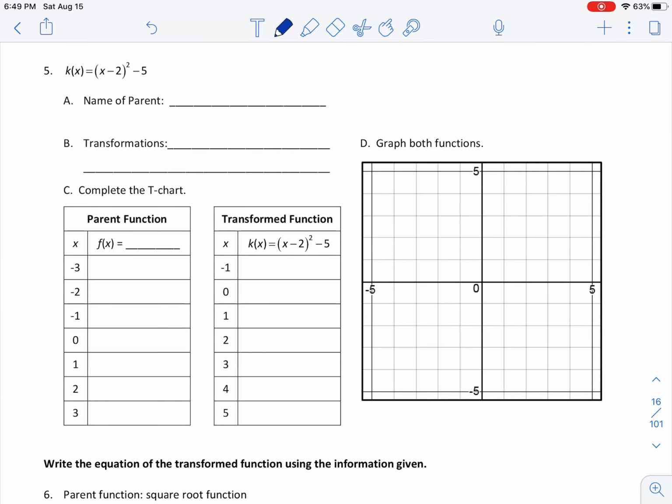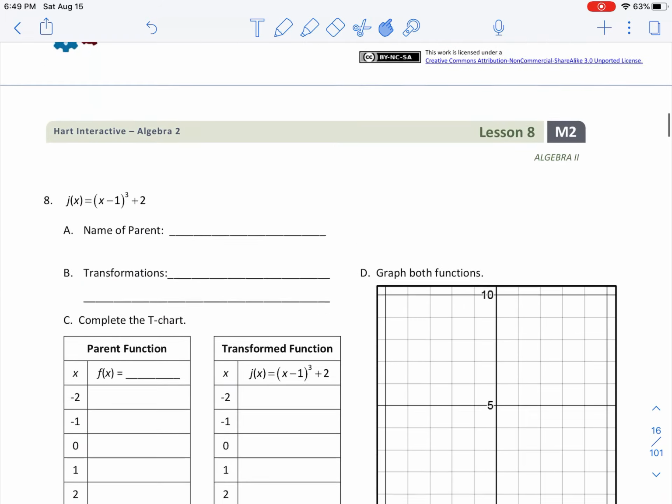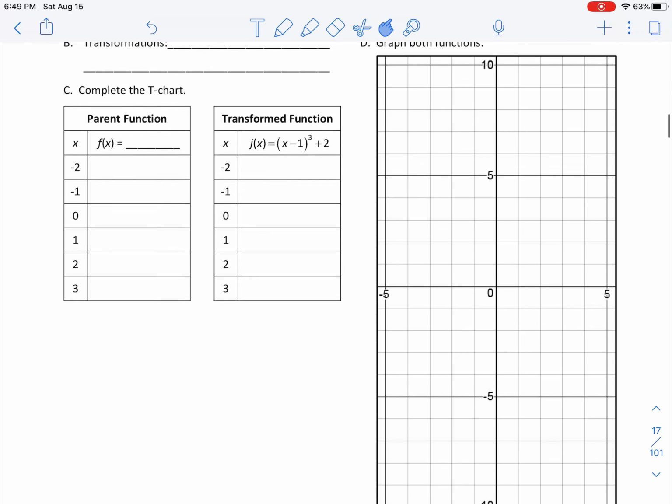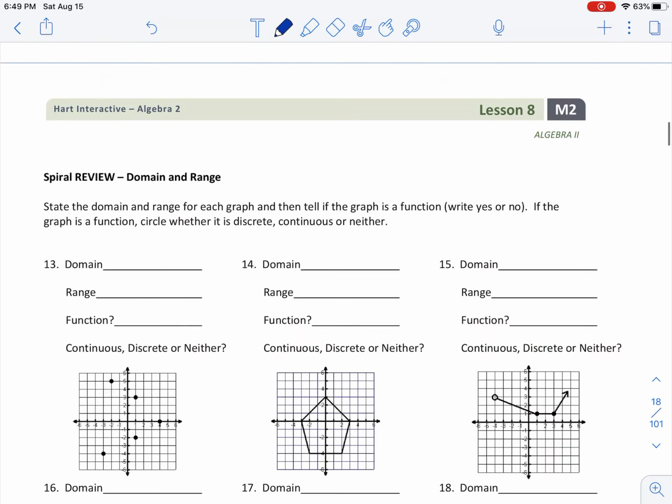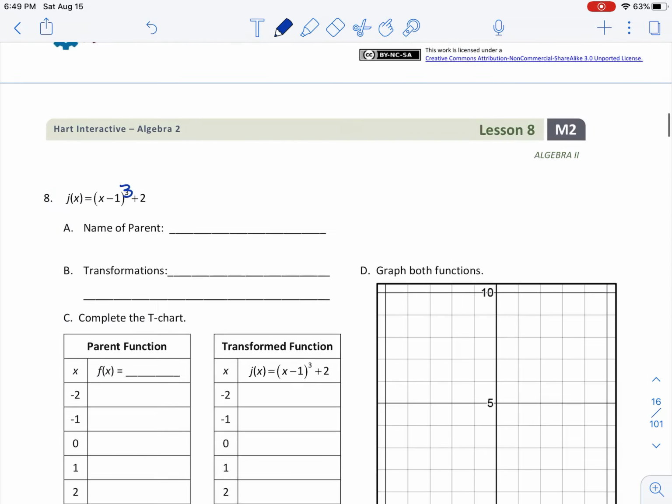Okay, my graph for 5, since it's squared, it's a quadratic, it'll give you that U shape. I think I have one more graph in here. Yeah. Since it's cubed, I get that cube graph.